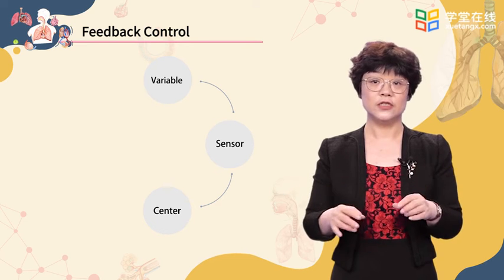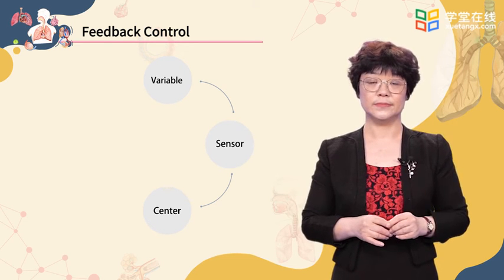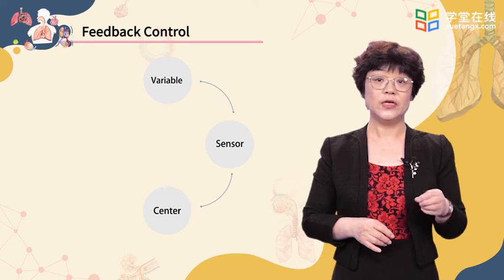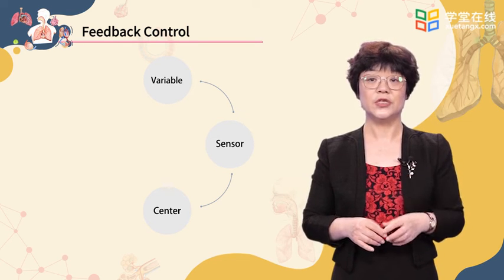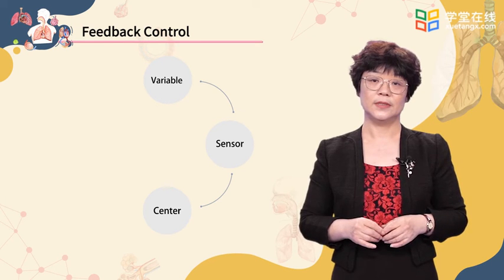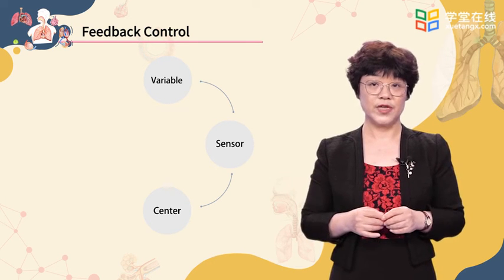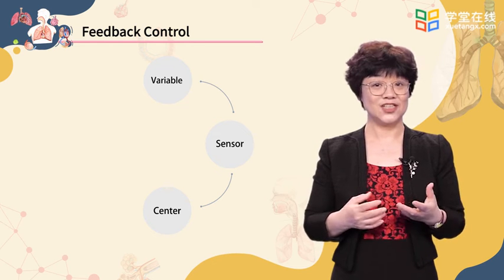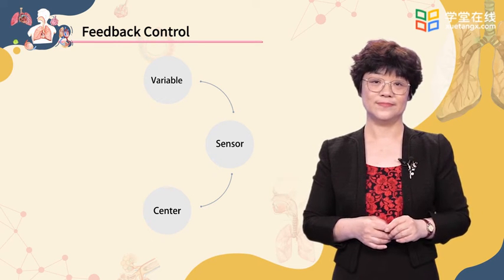The control center or the integrator determines the set point. Set point or set limit is the level or range at which a variable is to be maintained. The control center also analyzes the information it receives and determines the appropriate response or action.